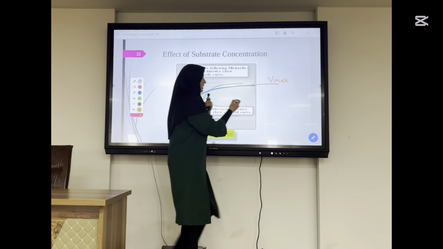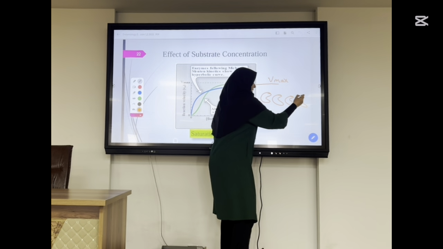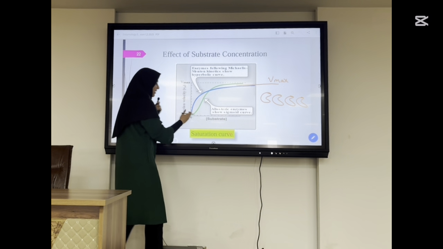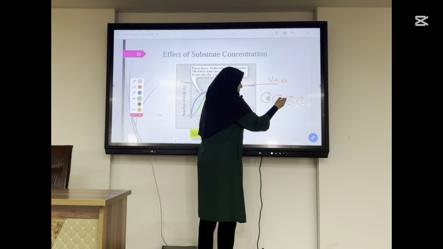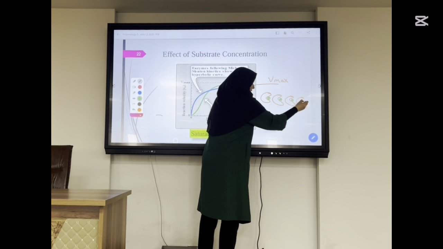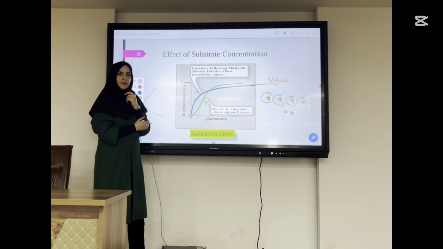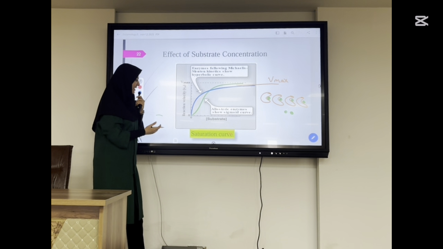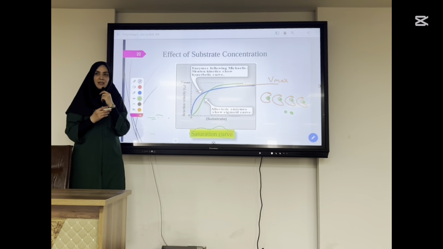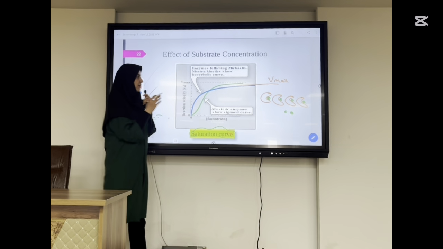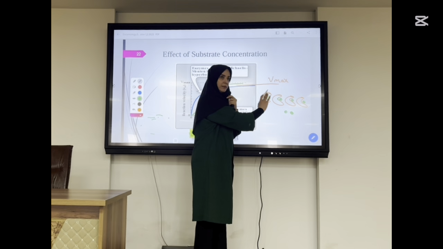For example, the number of my enzymes is limited. For example, these are enzymes. When I add substrate gradually, substrate is added. When you add substrate, is there any free enzyme? No. It means that you have saturation. It means that all of the active sites are full.